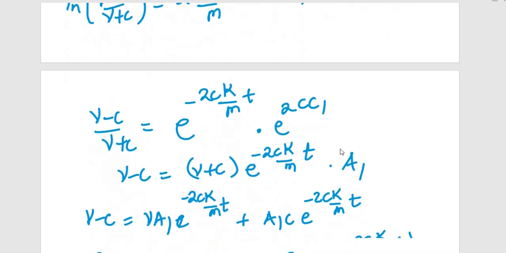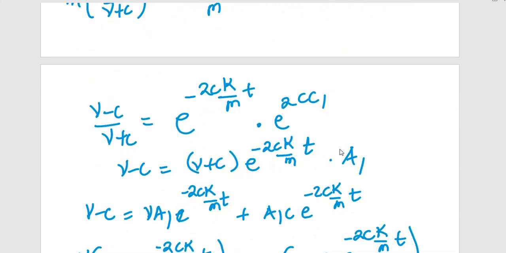Now, if I want to remove the natural logarithm, then I will introduce Euler's number, because if I have, let's say, the natural logarithm of x equal to k, it means x is equal to the exponential of k.